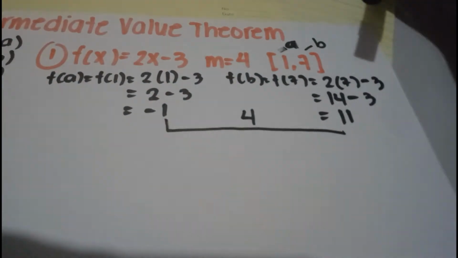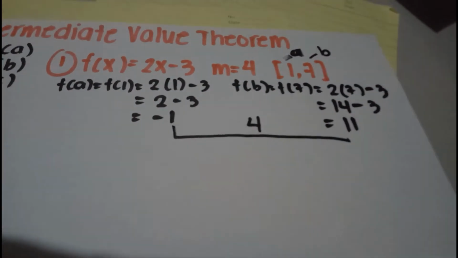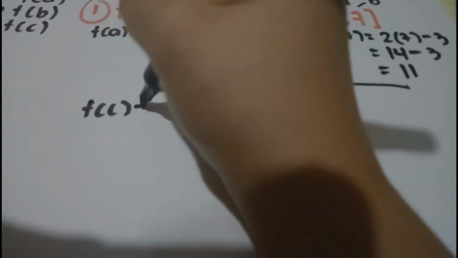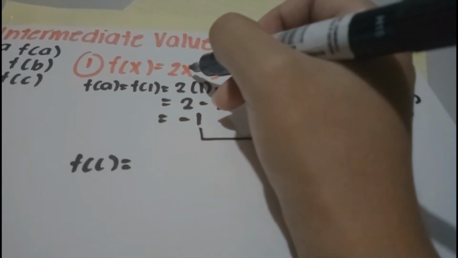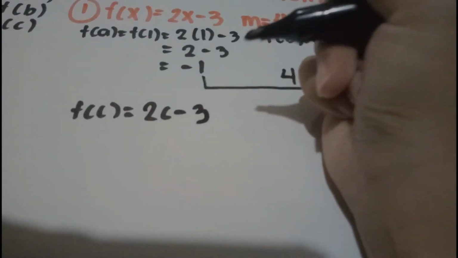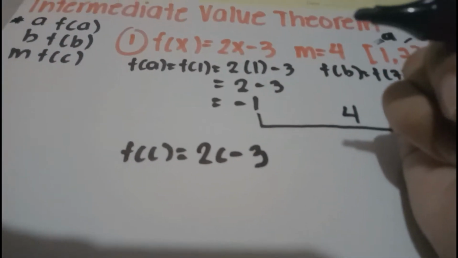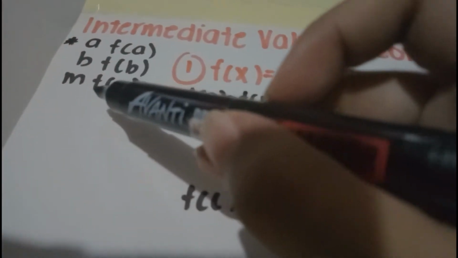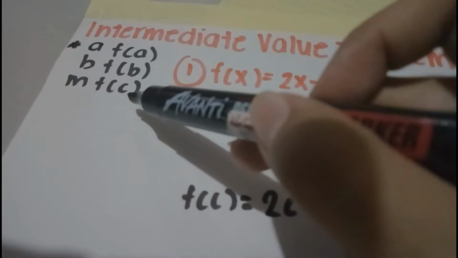So let us proceed to the next step. You will get f of c, then replace x with c: 2c minus 3. Then you will substitute f of c with 4, since m is also referred to as f of c.